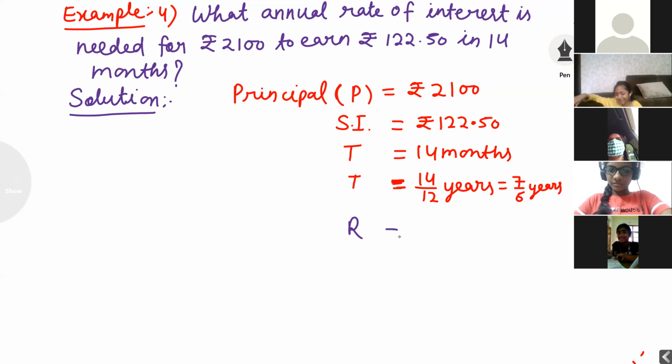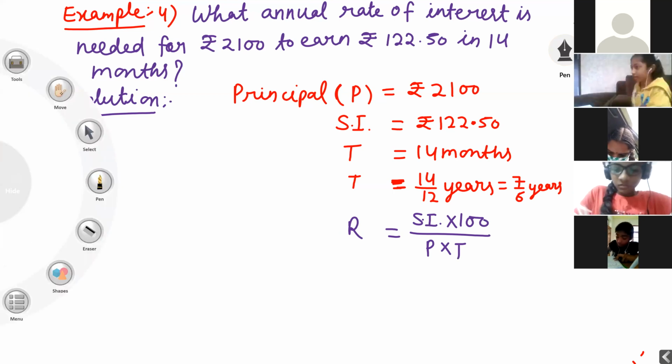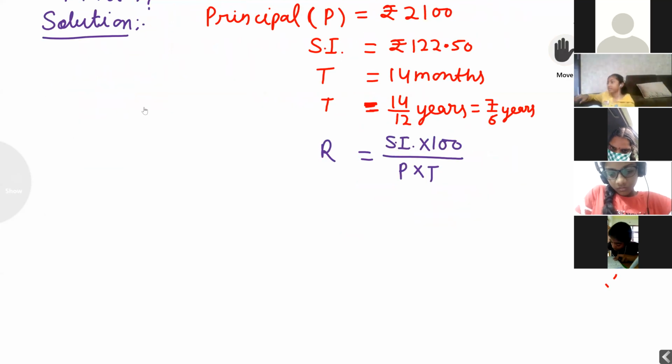Rate R is equal to SI into 100 divided by principal into time. I want to substitute the values.